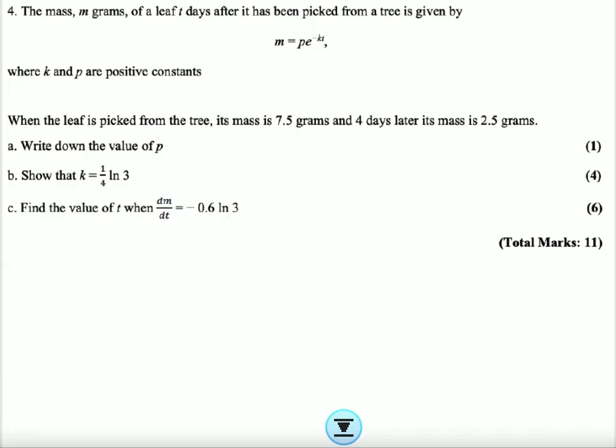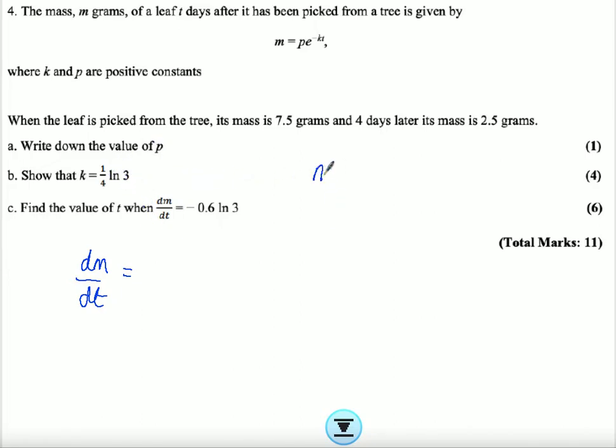Find the value of t when dm by dt is that. So I suppose what we've got to do to begin with is differentiate it, right? So what do we know? We know dm by dt, but we know k and we know p.